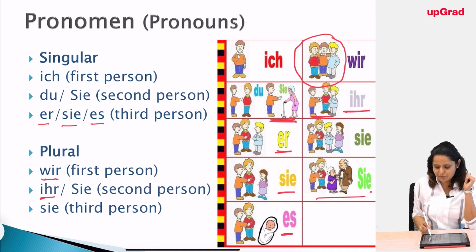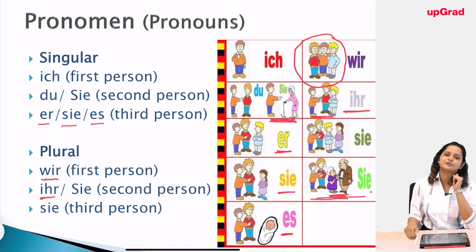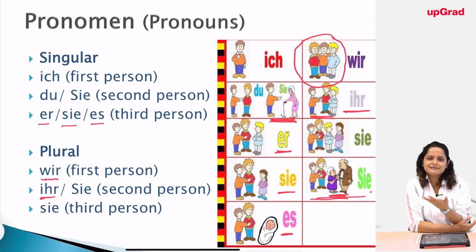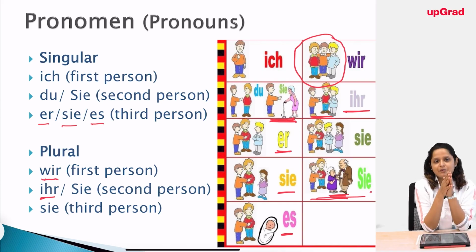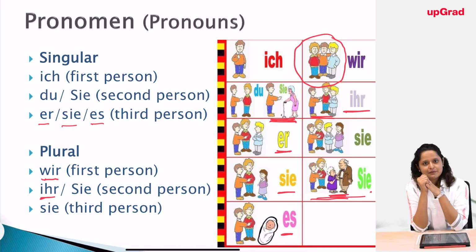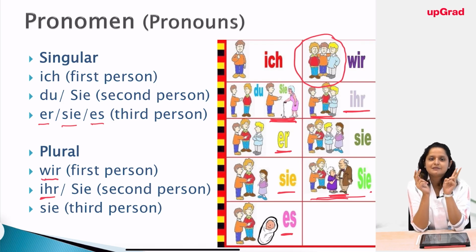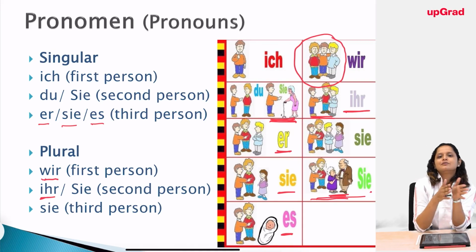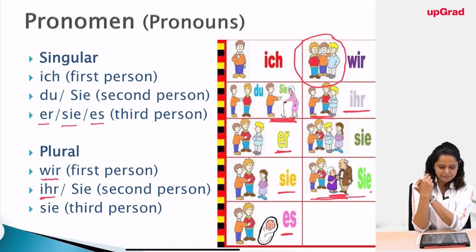When you talk to more than one person, you still refer to them as ze. I could be talking to one boss, it is still ze with the S capital. I could be talking to two bosses and that S is still capital. So when my second person is formal, the pronoun remains ze regardless of whether it is singular or plural.